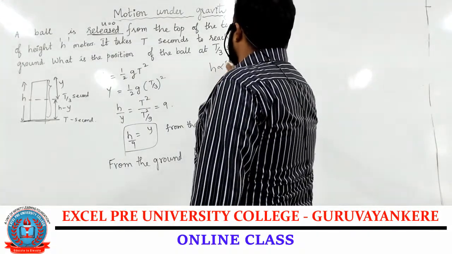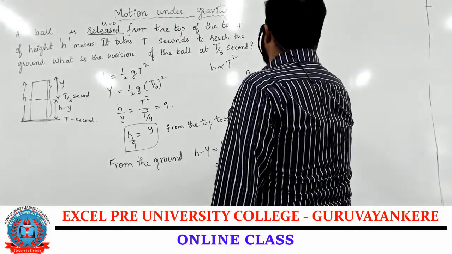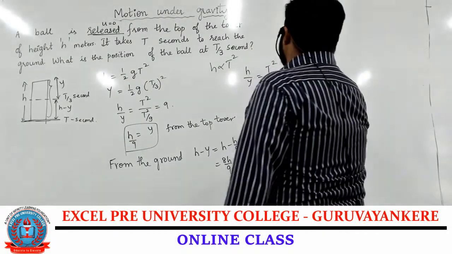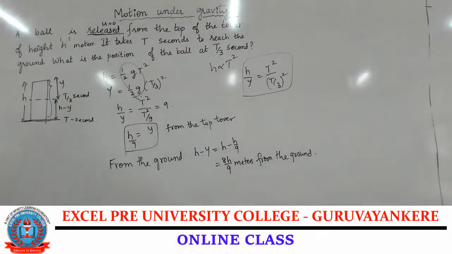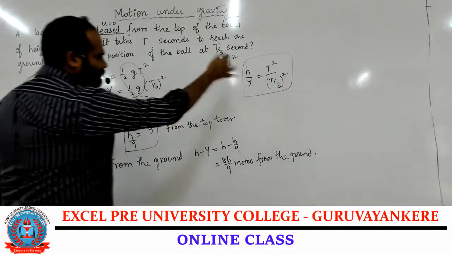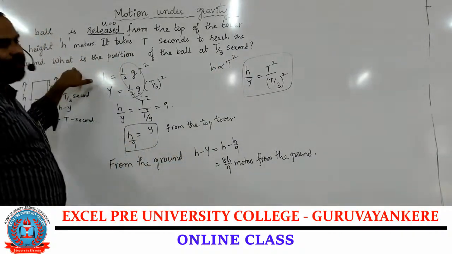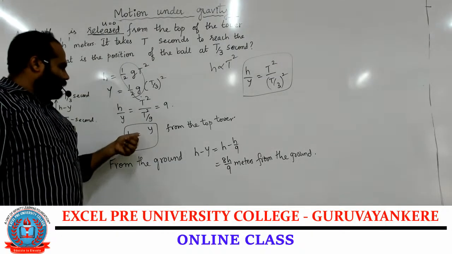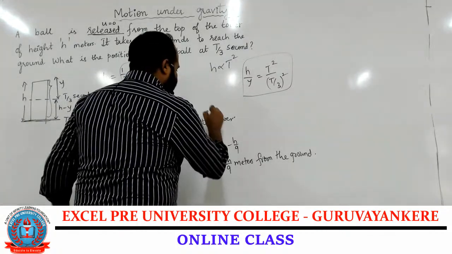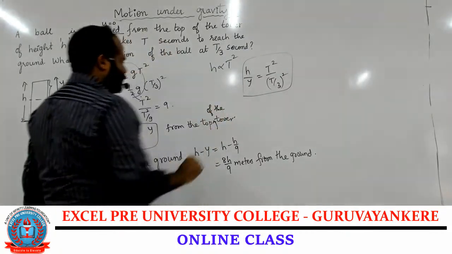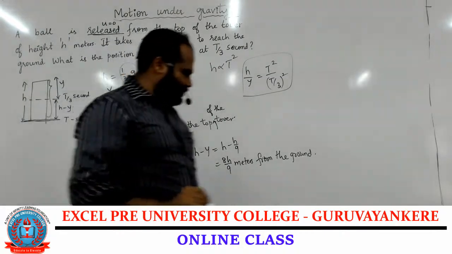h is proportional to t square, correct? Then h by y is equal to t square by t by 3 whole square. That also you can do, as these two things are constants. Directly, one step answer you will get. But you look at the options. Now here intentionally I have not given the options. They might give you h by 9 from the top of the tower, or from the ground it should be 8h by 9 meters.